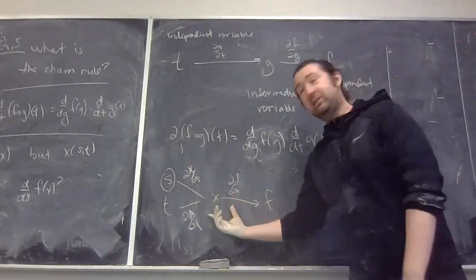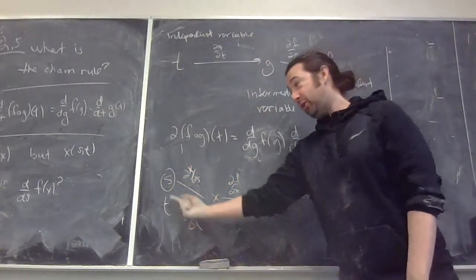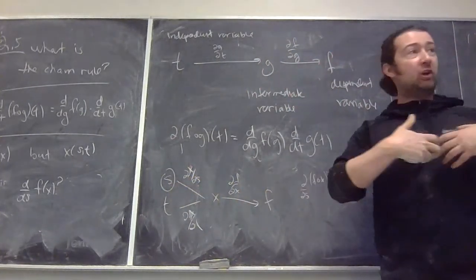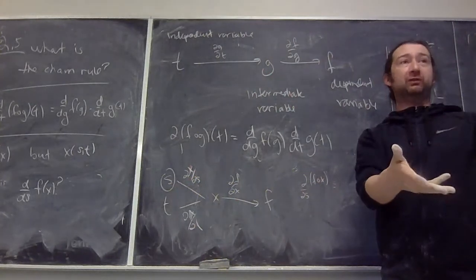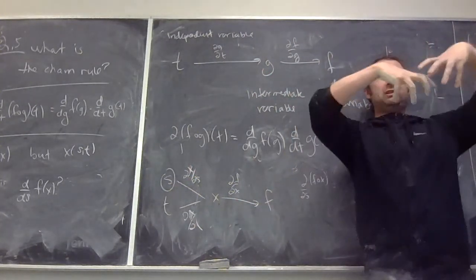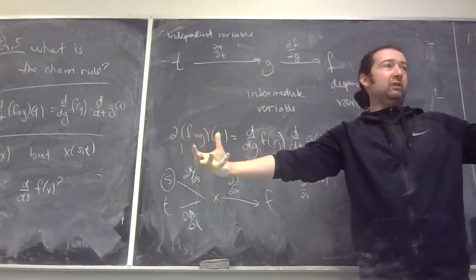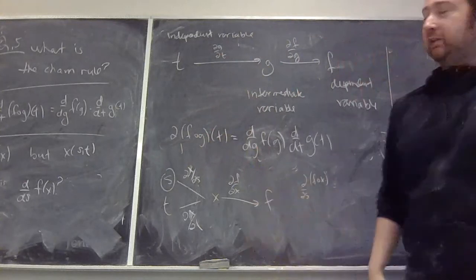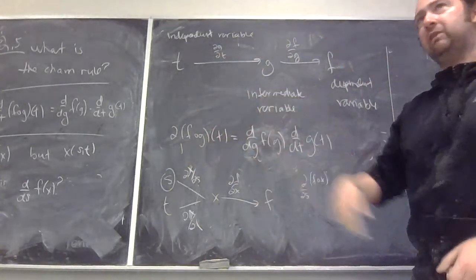And the pathways that we use to get from one independent variable to the dependent variable, every pathway will have its own contribution to the total derivative. So the chain rule in the multivariable setting turns into this massive matrix of derivatives that we can keep track of. And that's where we're kind of headed with this. Right? So with derivatives and compositions, things are more complicated.